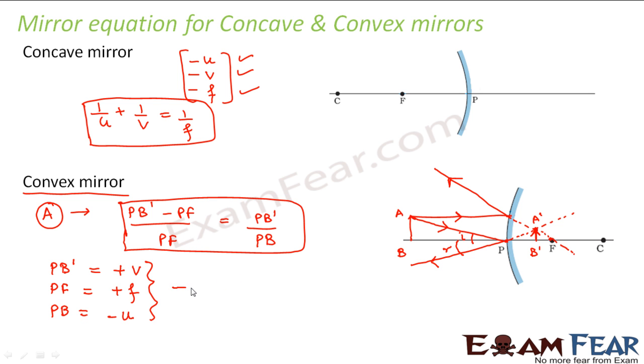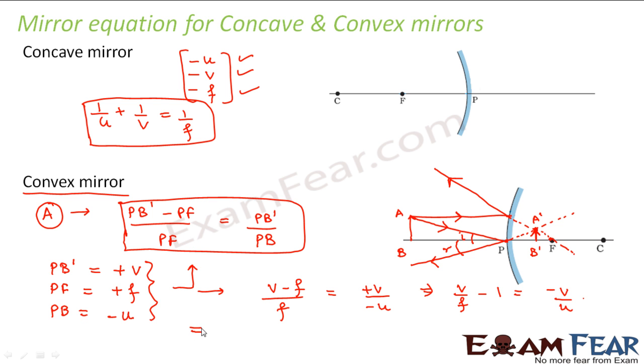So we will put these values in this equation. What do we get? We get (v minus f) divided by f is equal to plus v by minus u. Again, we can write it as v by f minus 1 is equal to minus v by u.